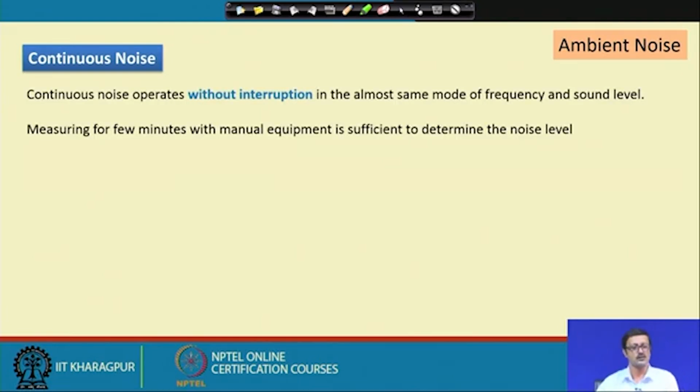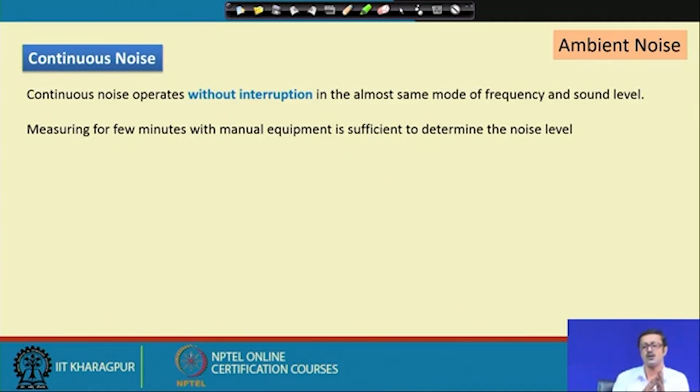As you know, continuous means without interruption. This noise comes almost in the same mode of frequencies or the same group of frequencies, and it is uninterrupted from the timeline point of view, and also has an almost similar sound pressure level.